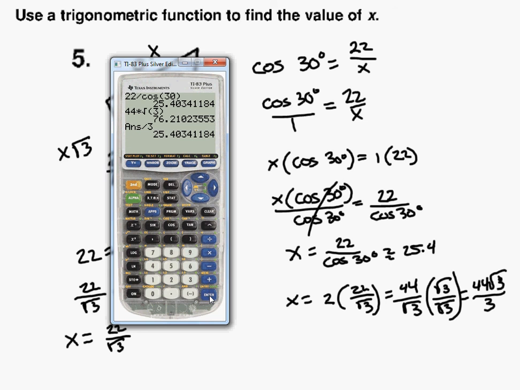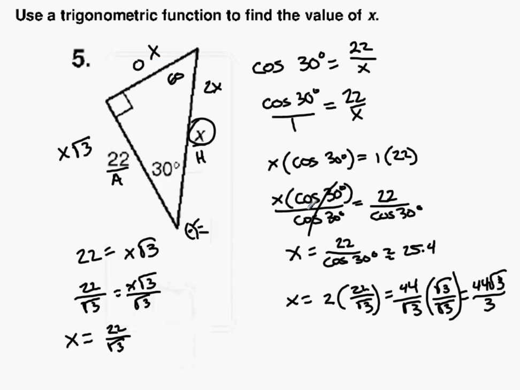I get the exact same thing. So this tells me then that x is exactly 44 square root of 3 over 3 and approximately 25.4. So those would be an approximate answer and an exact answer.